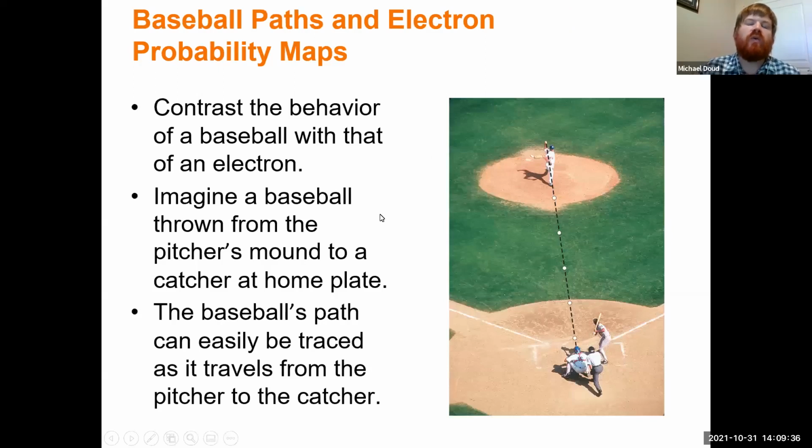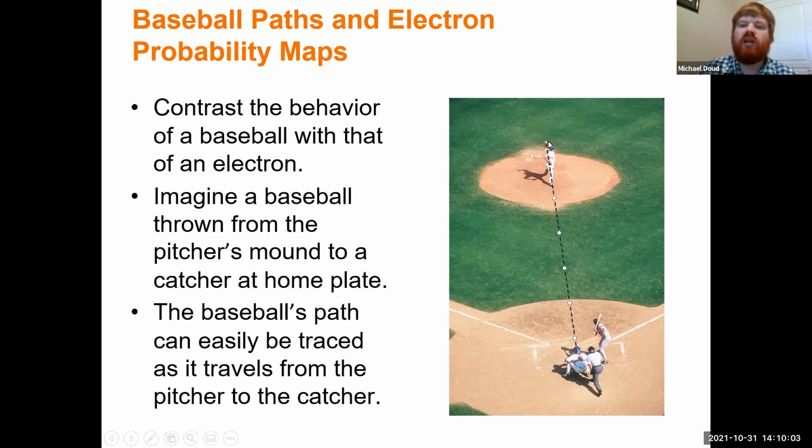Okay, so this is our analogy here with baseball. If you're watching a baseball game, the pitcher throws the baseball from the mound to the catcher, and that baseball follows a certain path. Now, depending on how good the pitcher is or what pitch the pitcher is using, that can have a few different patterns, right?